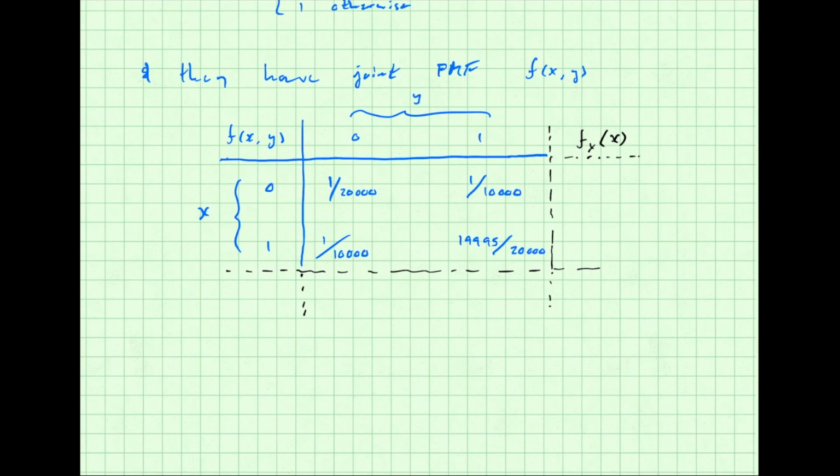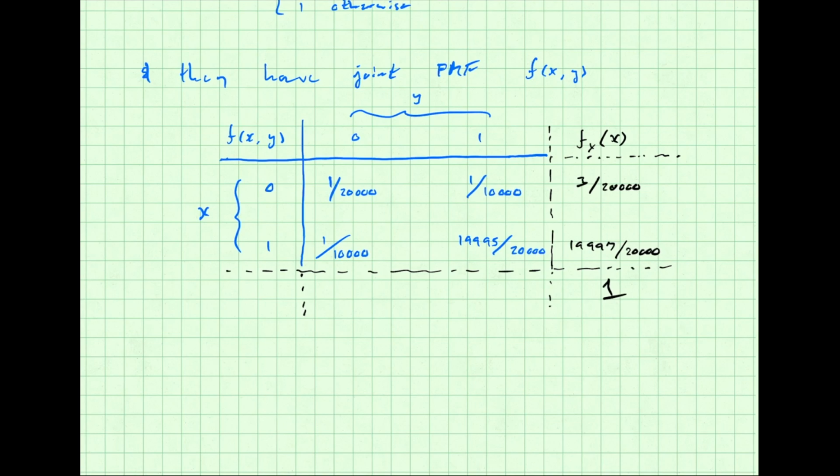And what do you get if you sum the first row? You get 1 over 20,000 plus 1 over 10,000, so that's 3 over 20,000. And the bottom one, 1 over 10,000, that's 2 over 20,000 plus this other number. Of course, if you add those down, you get 1.